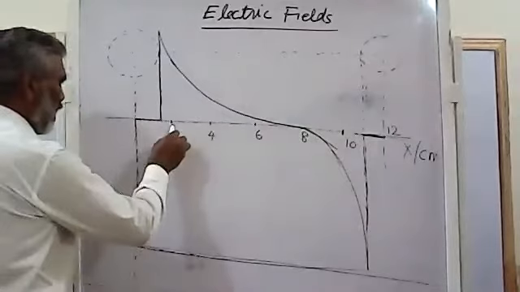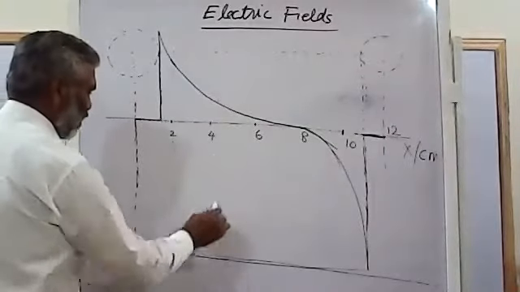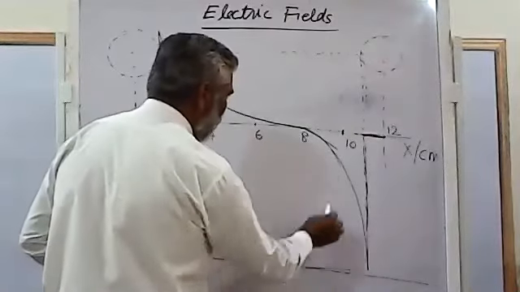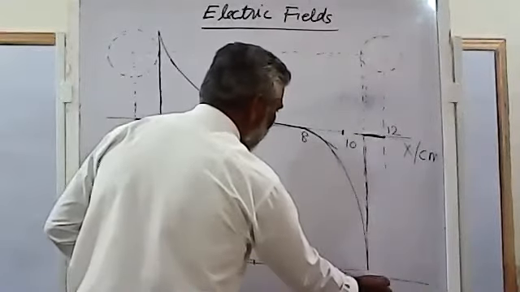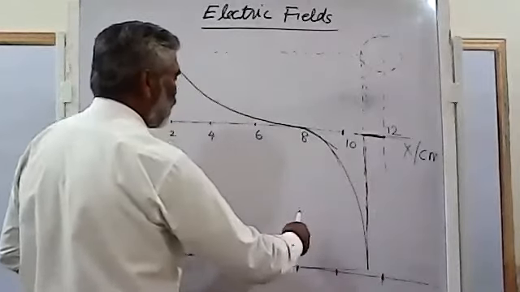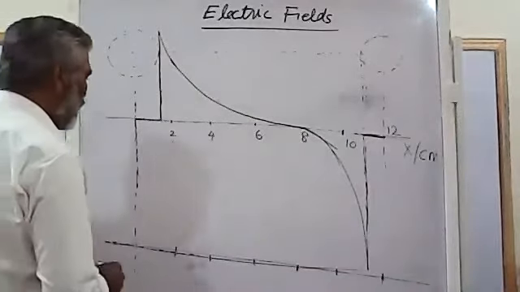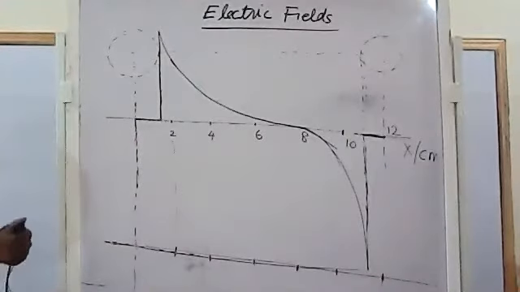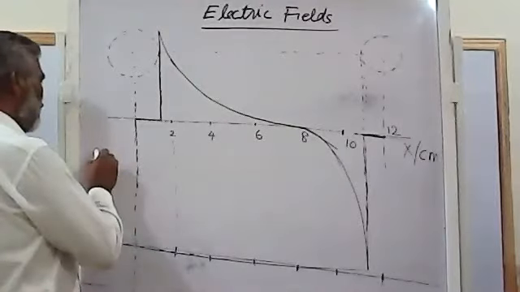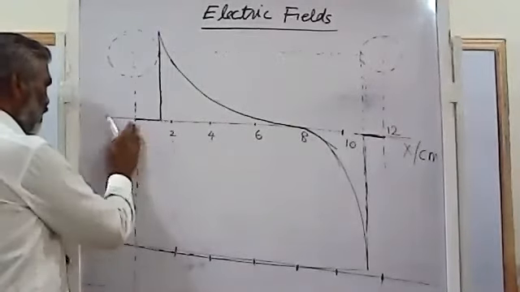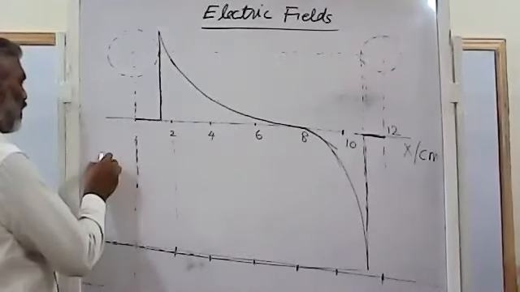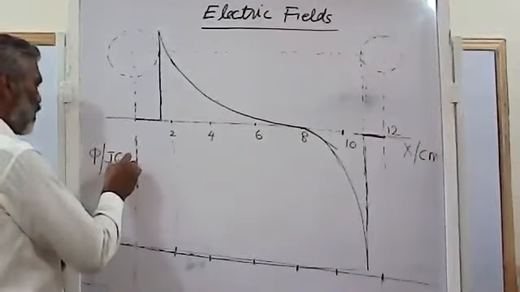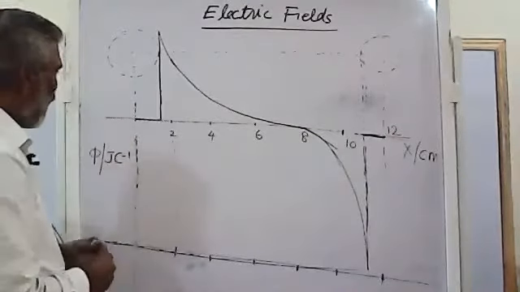On the same scale, if this is 2, this is 4, this is 6, this is 8, this is 10, and this is 12 centimeter, in between the two spheres, if this is the axis showing potential, so therefore it is phi, and its unit is joule per coulomb.